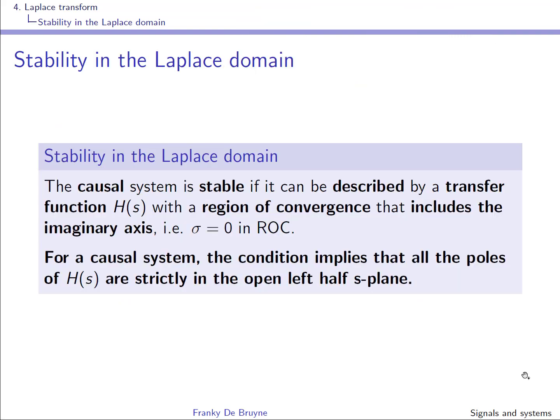So let us come back to the stability in the Laplace domain and this Laplace transform of an exponential signal, and a comment that I made at the beginning of the course when I spoke about the usual suspects.